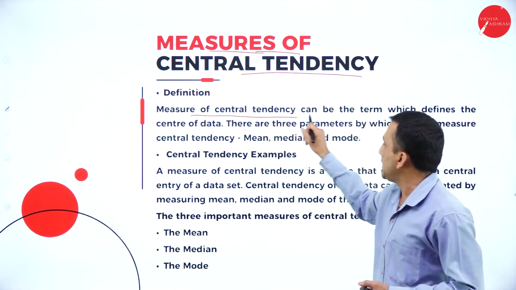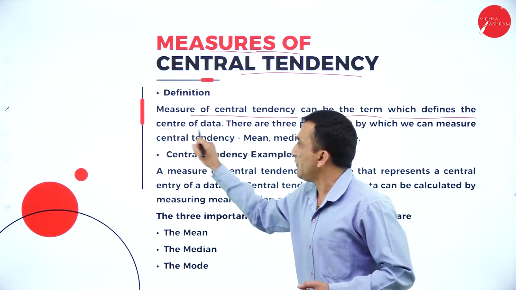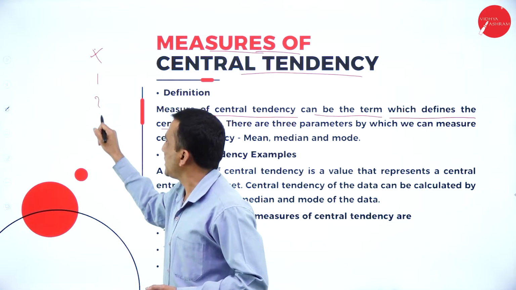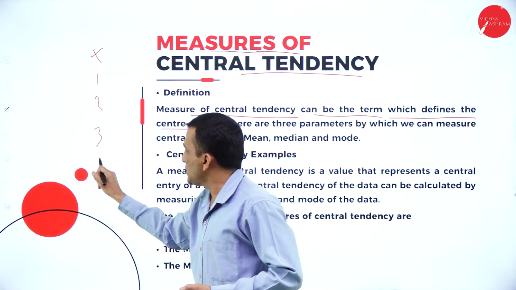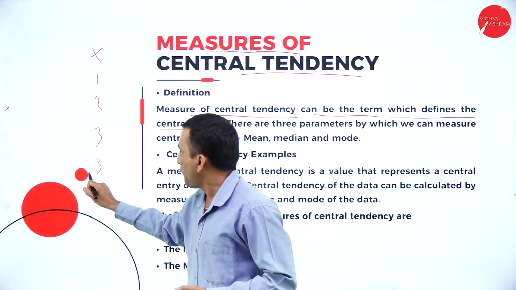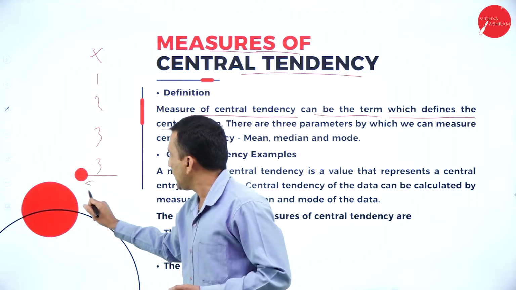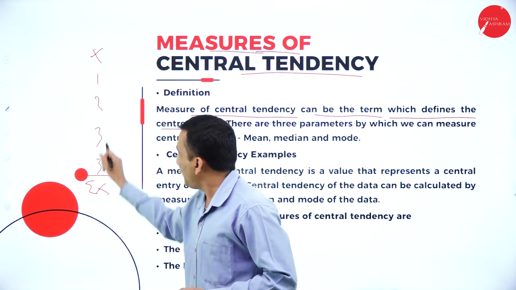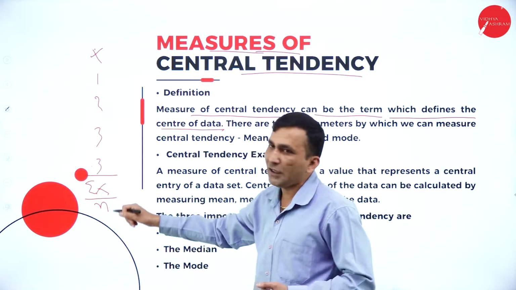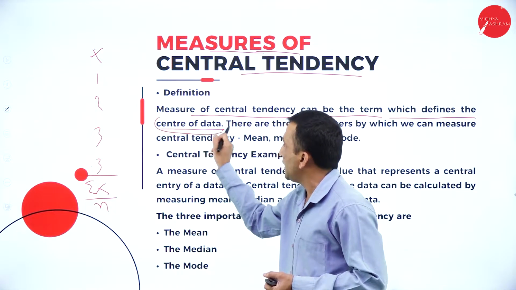The measure of central tendency can be defined as the central value, because for a set of data, for example an X series of data is given, using different numbers we are not able to get one value. So for that reason we need to get a central value. What we will do, we will take the sigma x, and then divide sigma x by the number of items, how many numbers. So that will give you the central value or central data.